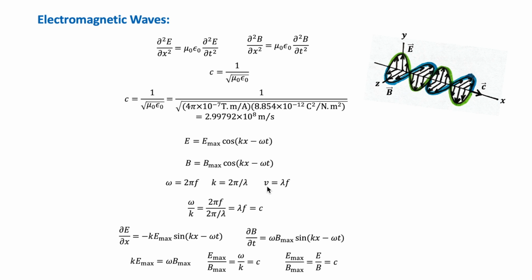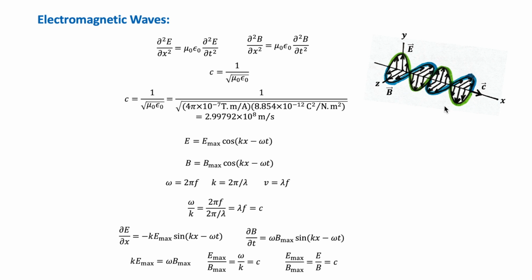We know that the speed of the wave is equal to lambda f, so omega over k is equal to lambda f, and we name it c, the speed of light. The figure here shows a pictorial representation, at one instant of time, of a sinusoidal linearly polarized electromagnetic wave moving in the positive x direction.